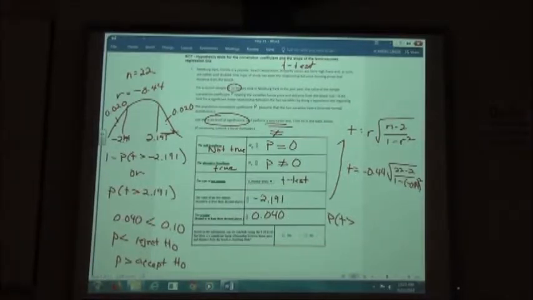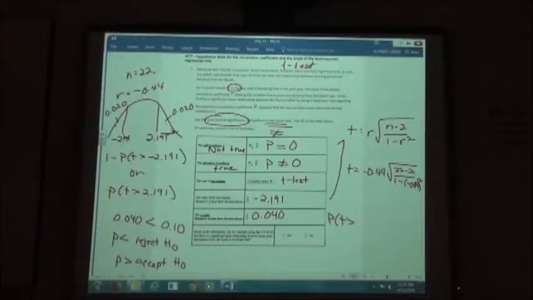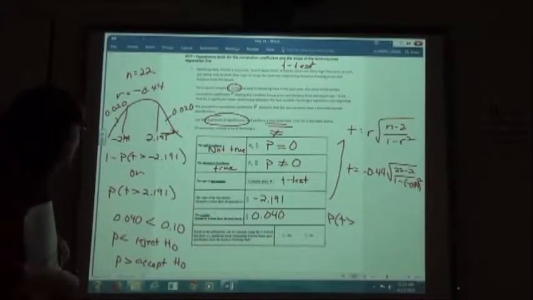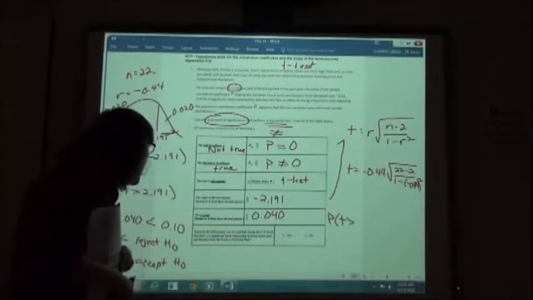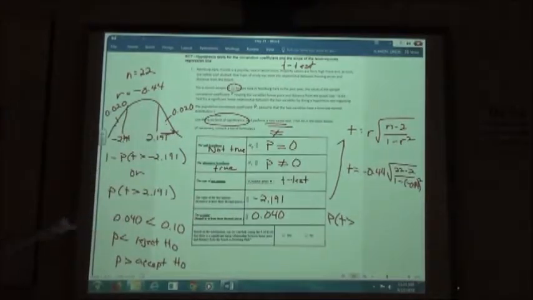So it says, based on the information, can we conclude using that 10% level of significance that there is a significant linear relationship between house prices and distances from the beach in New York Park? How are we going to figure that out?